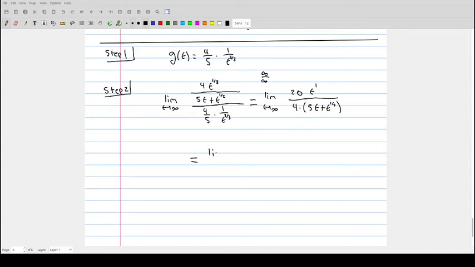So from L'Hopital's rule, this is the same thing as the limit as t goes to infinity of the derivative of the numerator, which is 20, over the derivative of the denominator, which is going to be 20 plus, and the derivative of t to the 1/2 is 1/2 t to the negative 1/2. So it'll be 1/2 times 4 is 2 t to the negative 1/2.